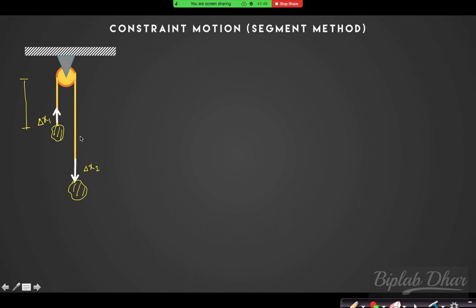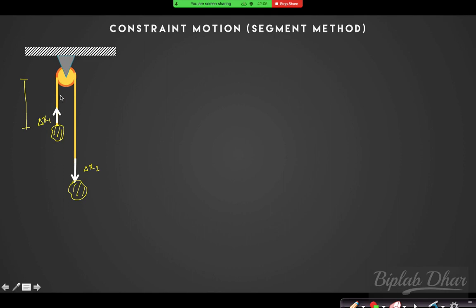Yes or no? But the increment will be equal to the decrement, because the total length of the string should be constant. So in the segment method, I will break the string into different segments.